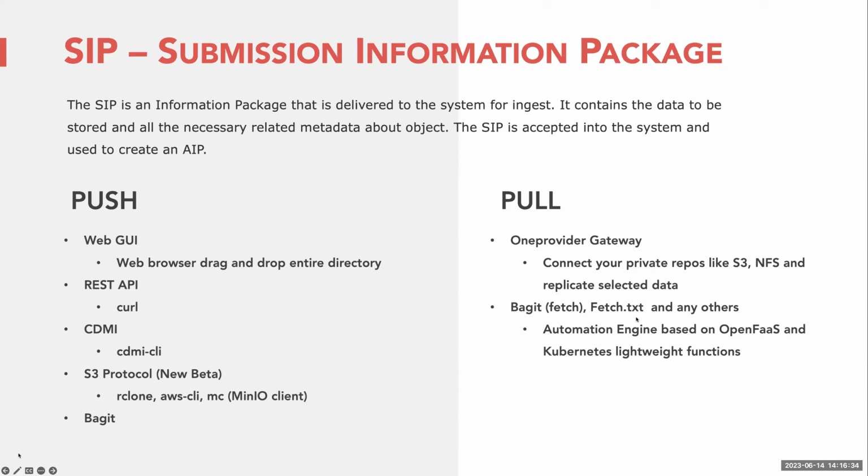Another approach is a simple fetch file. So you prepare a single text file with URLs to your data, expected sizes, and expected checksum codes, and our scripts are downloading them. But as you see, these approaches are quite flexible in the description, because even though BagIt became some standard, there are several variations of it: how to preserve, how to deliver the metadata altogether, how to connect all these things if there is a lot of data.